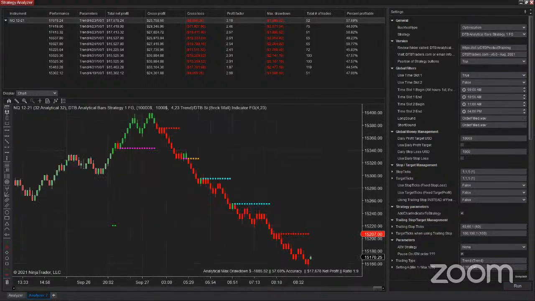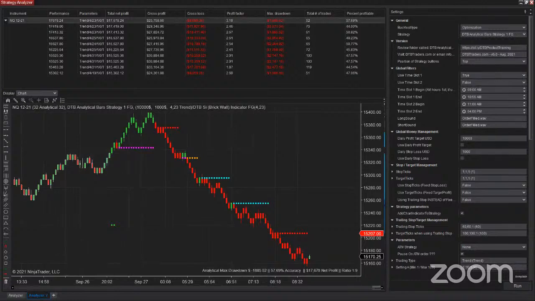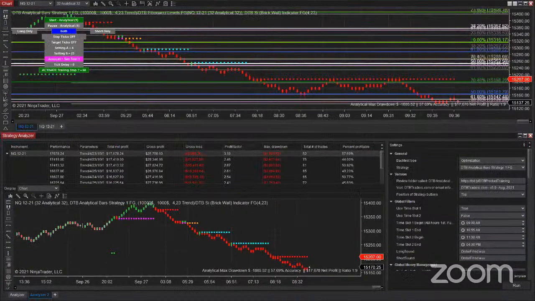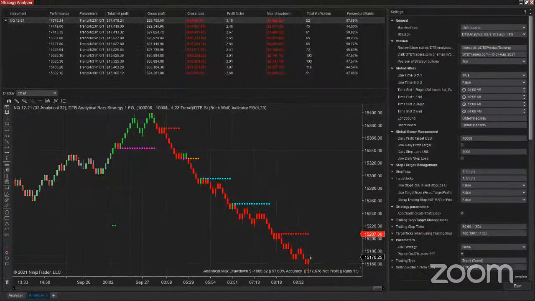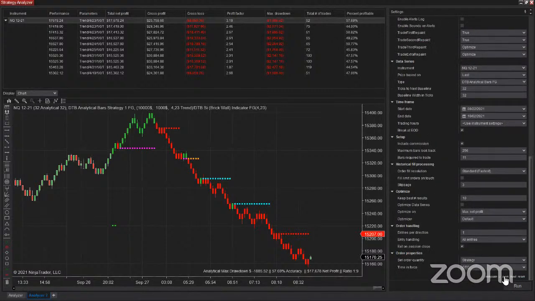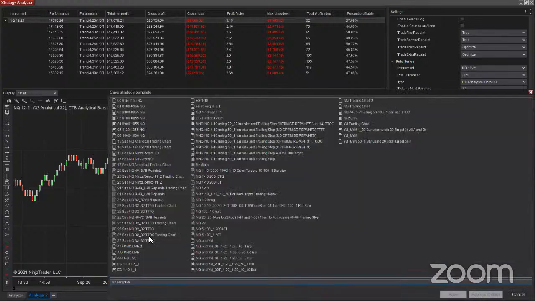And looking at the chart right now, this is what the chart looks like with that setting that I saved. So as soon as you run your optimization, as you know, you go and save it as a template. So go template, save, and then I called it 27th of September, and I've called it trading chart.